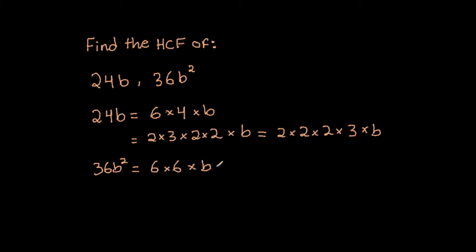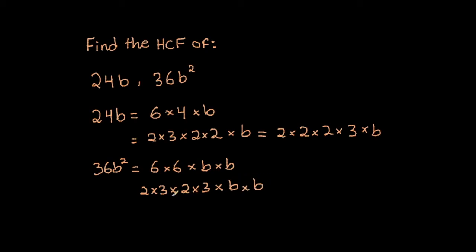Now the 6 again can be broken down into 2 times 3, so I have two 6's, and I'm going to break both of them into 2 times 3. So 2 times 3 times 2 times 3 times b times b.